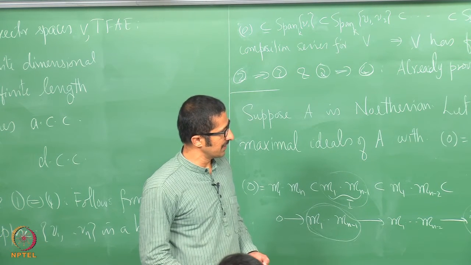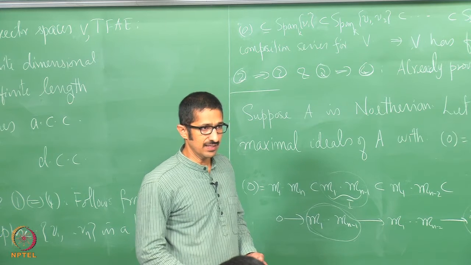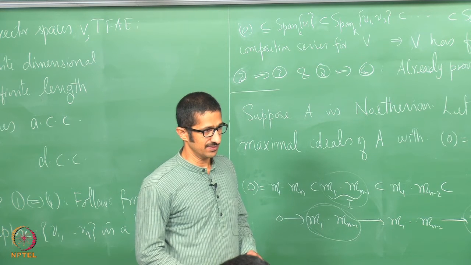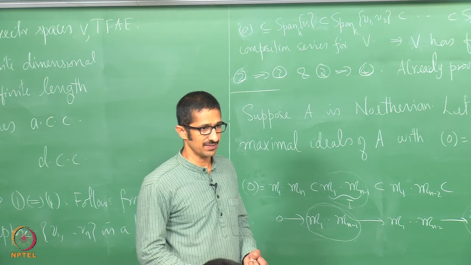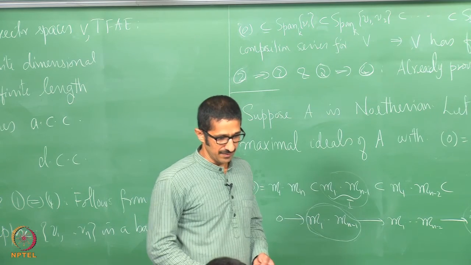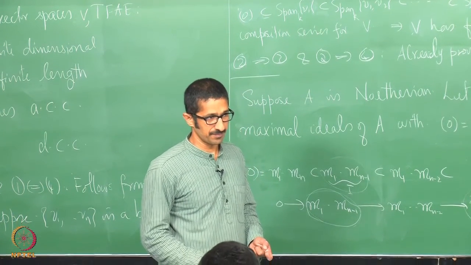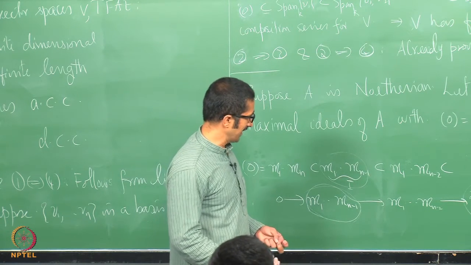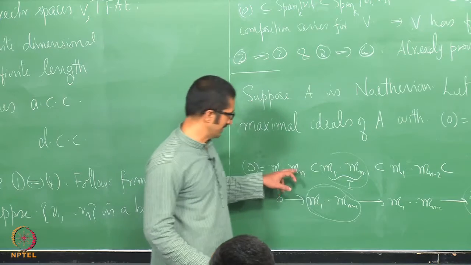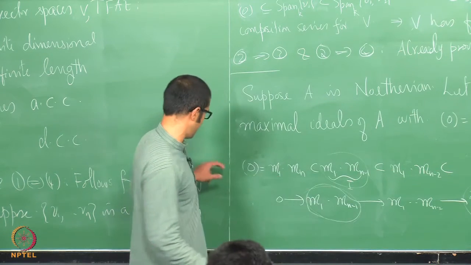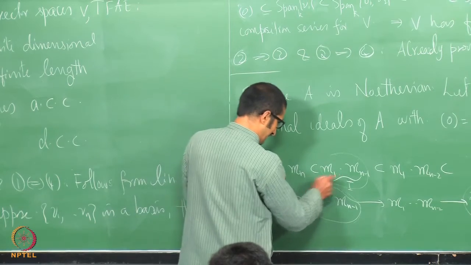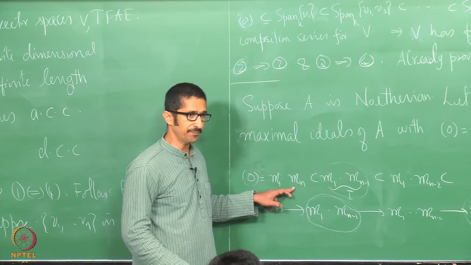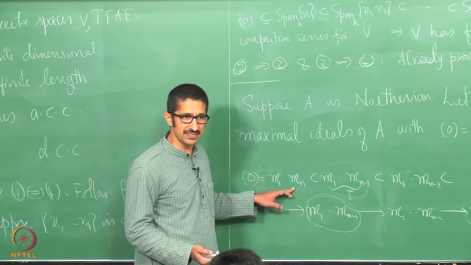What about the converse? Suppose A is Artinian. Again, see here what we are saying is that each quotient, look at this one, this mod this is an A mod Mn vector space.